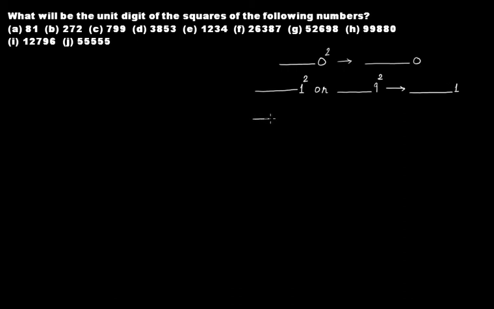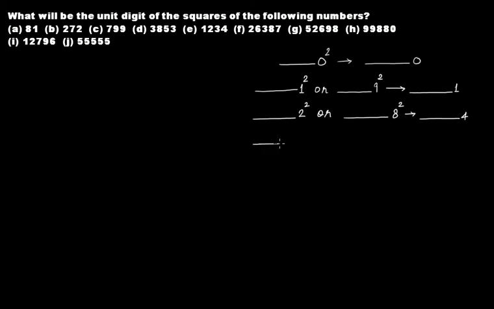If your number ends with 2 or 8, then the squares of these two numbers will have 4 at its units place.